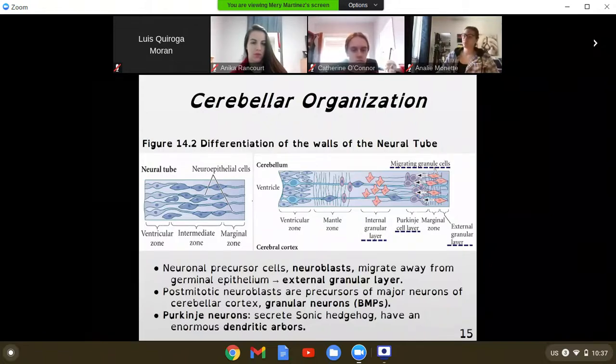Each Purkinje neuron has an enormous dendritic arbor, which spreads like a tree, really wide and really bulky. A Purkinje neuron normally has as many as 100,000 synapses with other neurons, more than any other neuron in our body.